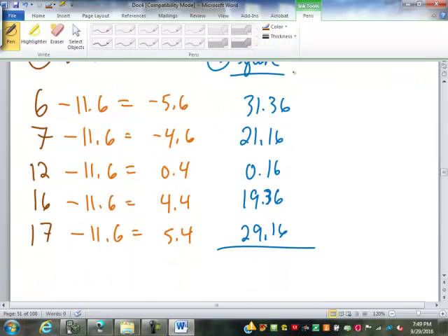Step 4, add them all up, total them up. Which is going to add up to what? 101.2.